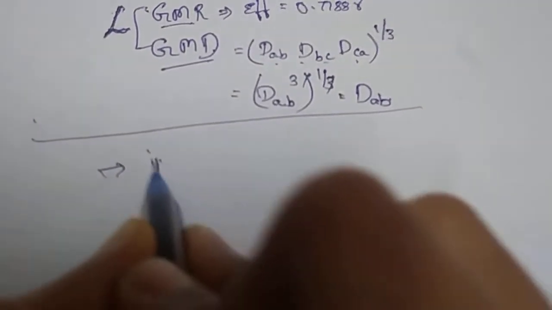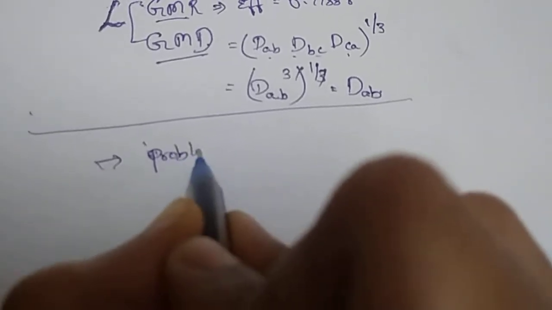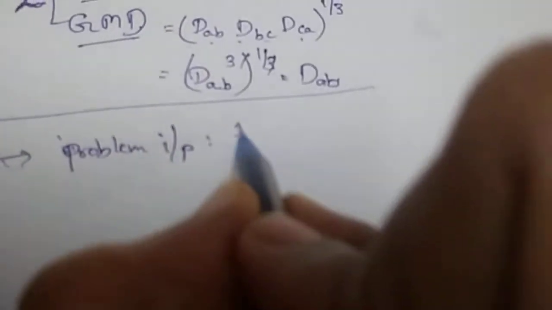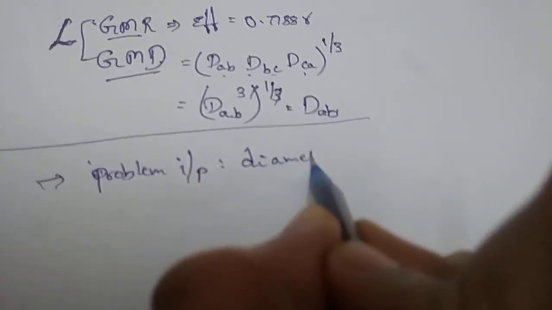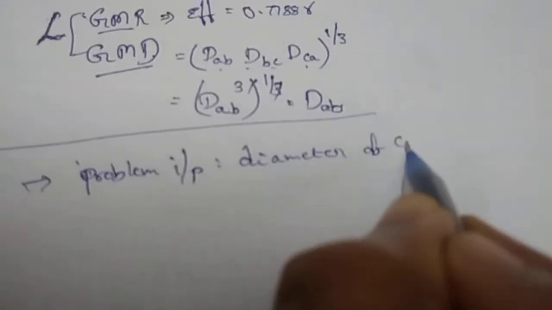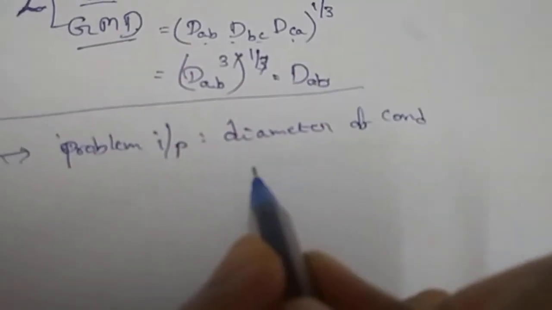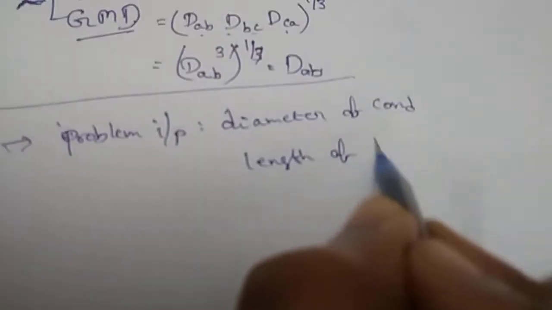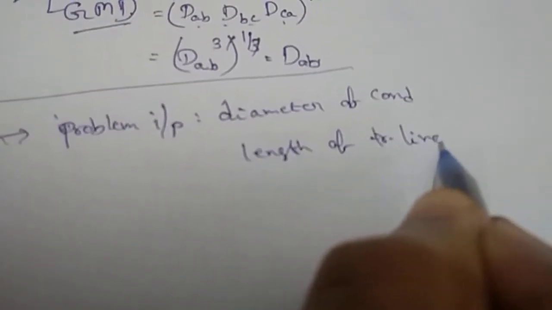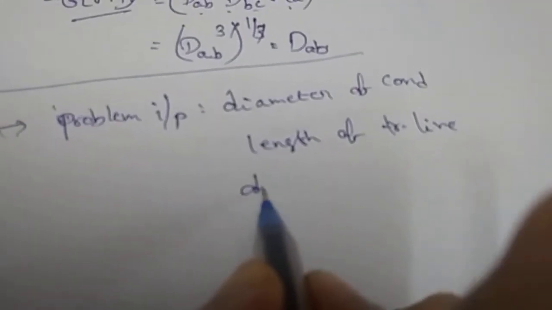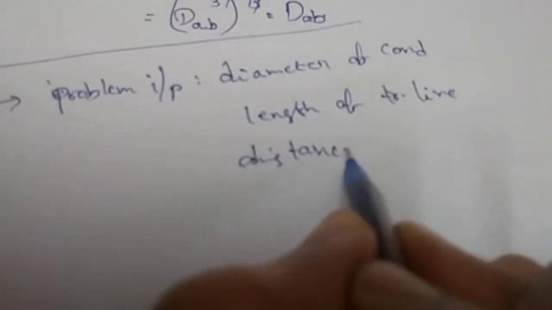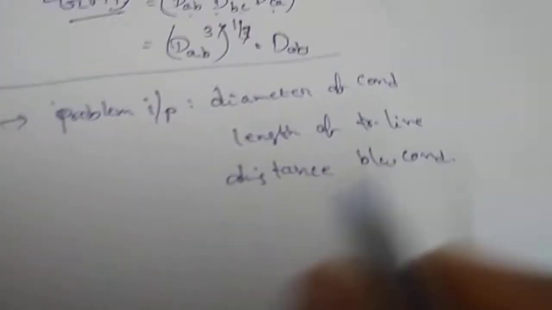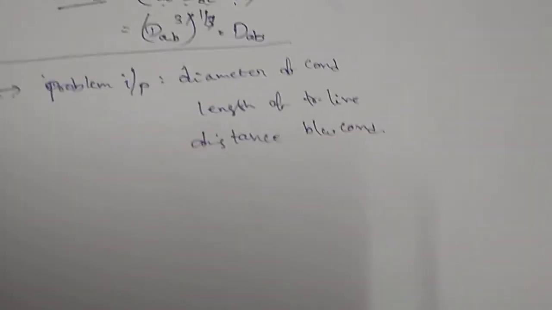In the problem I have the inputs of diameter of the conductor and length of the transmission line, and next distance, distance between your conductors. So simply take this one as the input from the user.